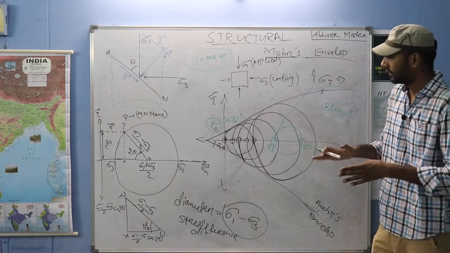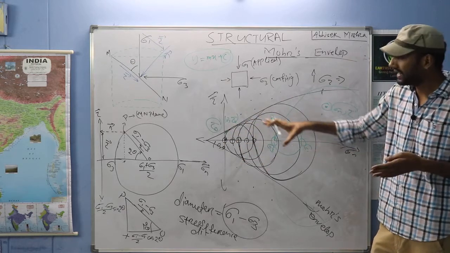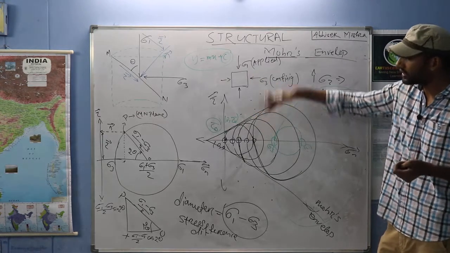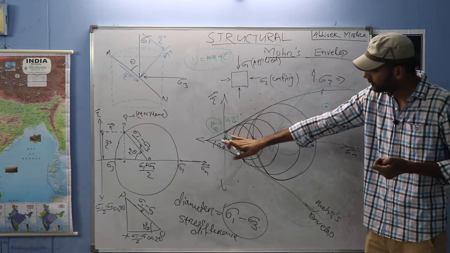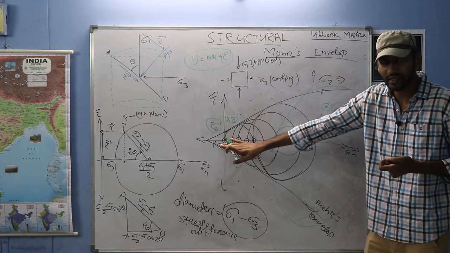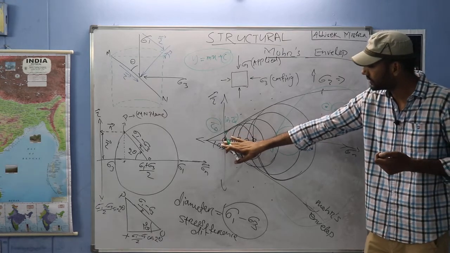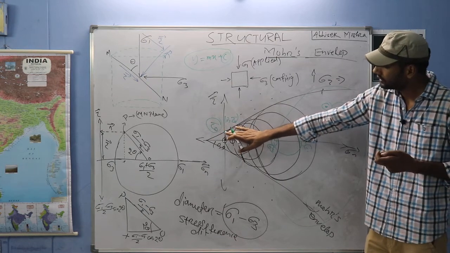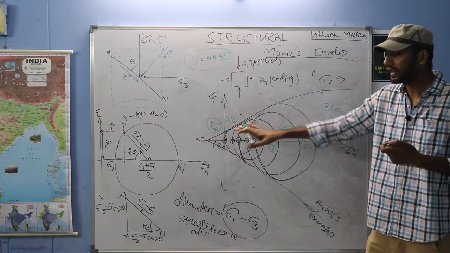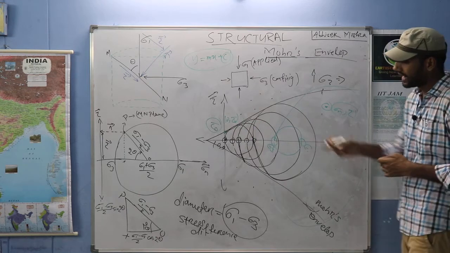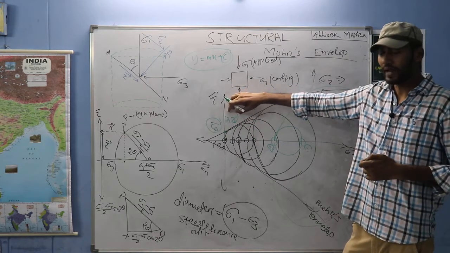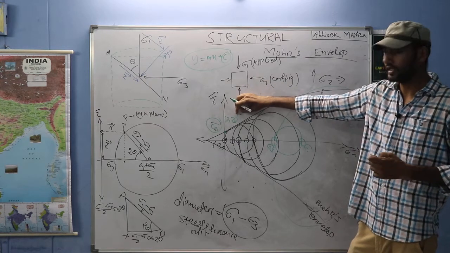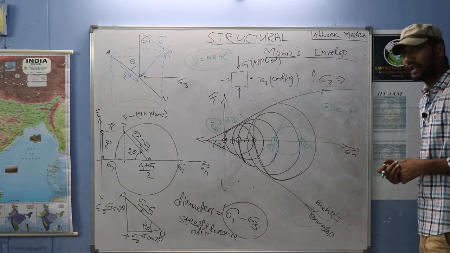The material is capable of absorbing those stresses without rupturing. Beyond that, it will rupture. So at 0 normal stress, 0 confining stress, the material can bear up to tau naught shear stress without rupture.